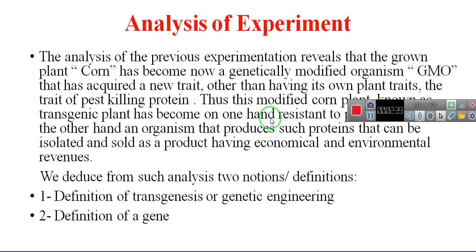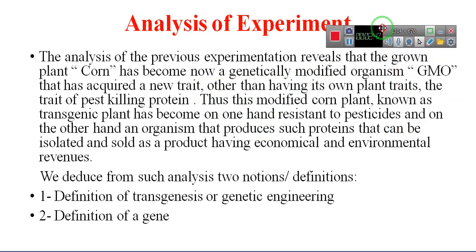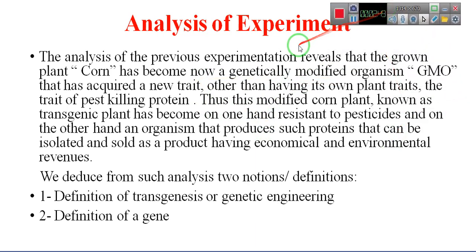So if I want to analyze this experiment in brief, the analysis of this previous experimentation reveals that the grown plant, which is the corn, has become right now a genetically modified organism, GMO, that has acquired a new trait other than having its own plant traits. And this is the trait that I'm talking about, which is the trait of pest-killing protein.